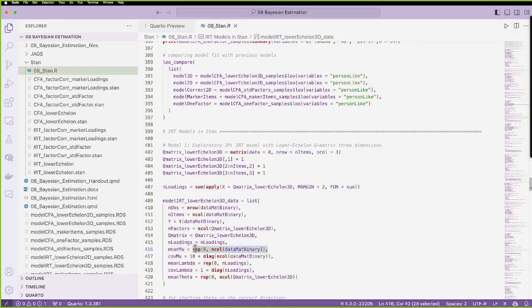Usually, yes. However, some start to look more informative. For instance, the loading for the lambda itself. The variance of it basically is a variance of 1. So think of a standard normal distribution for each loading with a variance of 1. That might be on the verge of informative. But that's a good question. The reason why that's there is that this lower echelon three-dimensional matrix is just identified.